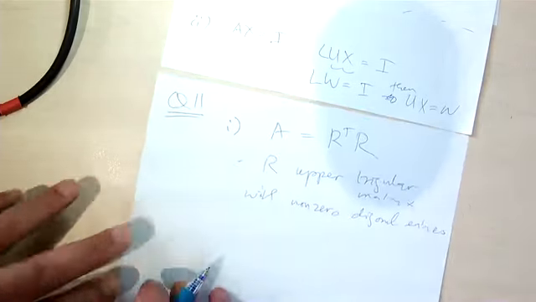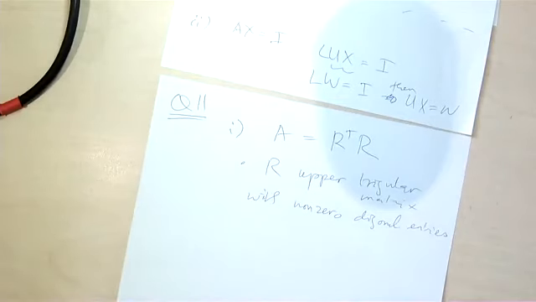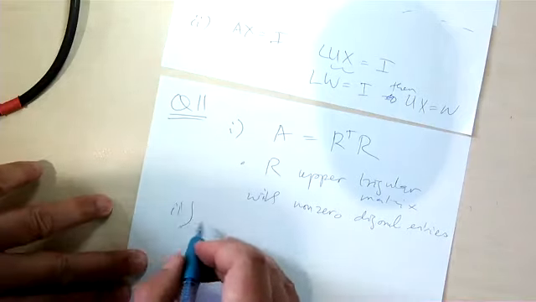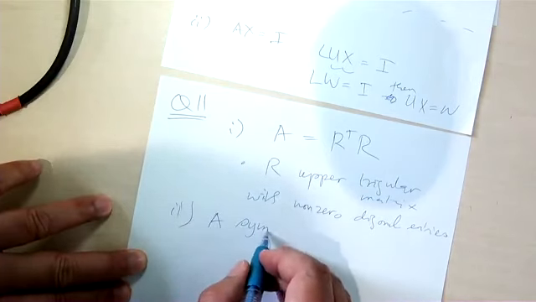Okay, so that is the Cholesky factorization. So what are the necessary and sufficient conditions for A such that this factorization exists? Well, symmetric and positive definite. Okay.